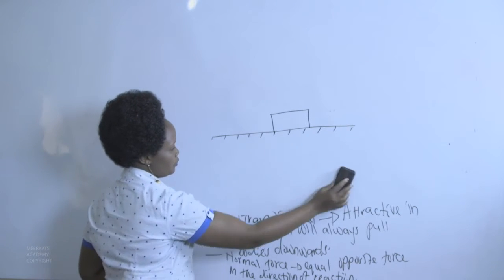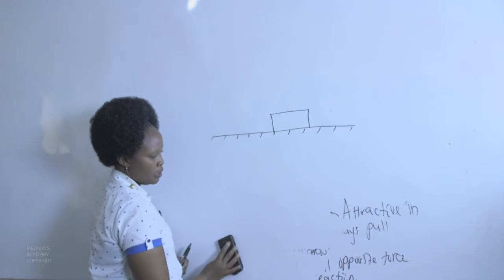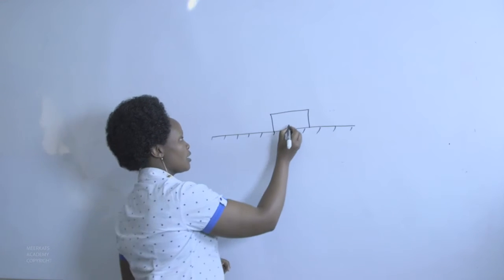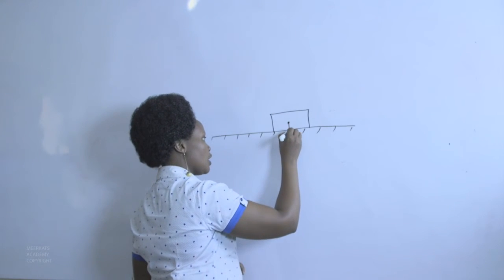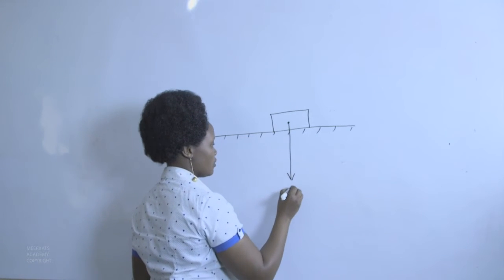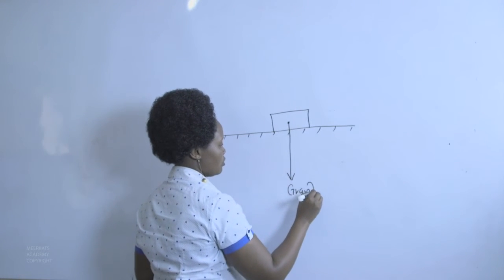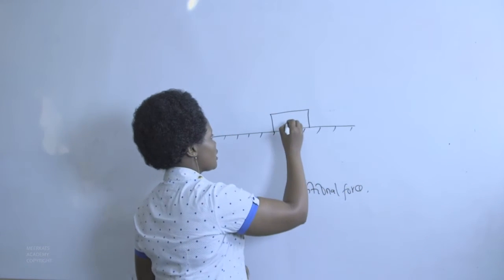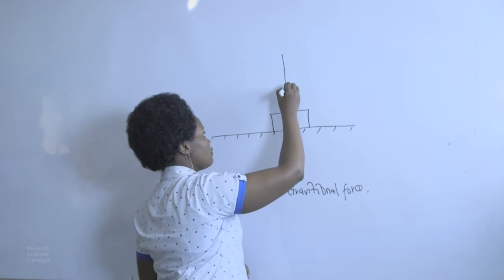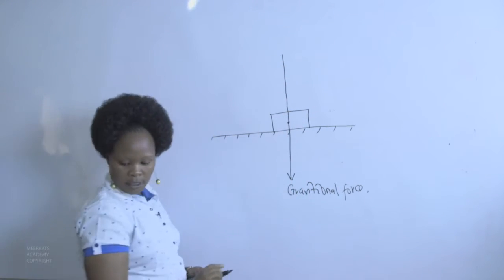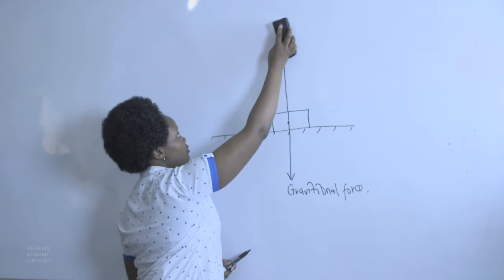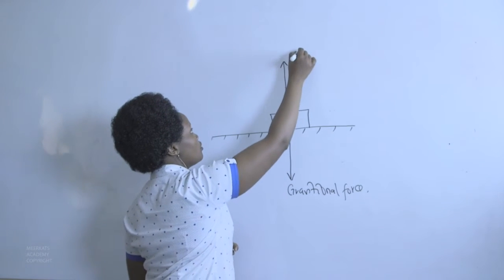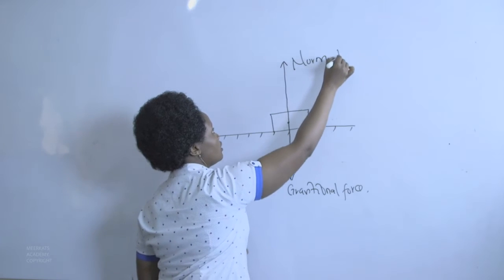Now that our piece of wood is balanced, it means the gravitational force that acts downwards is counteracted by another force that acts in the opposite direction, which we are going to call the normal force.